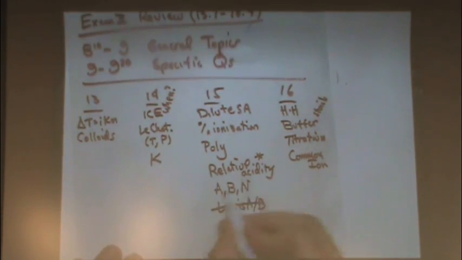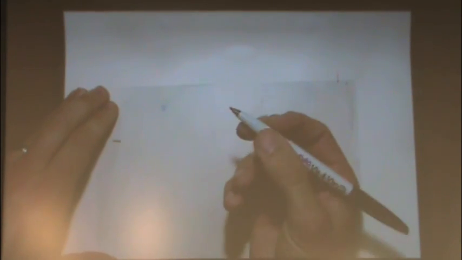Okay, let's do relative acidity and basicity. All right, so if I give you any set of compounds, you should be able to tell me which one is stronger or weaker.